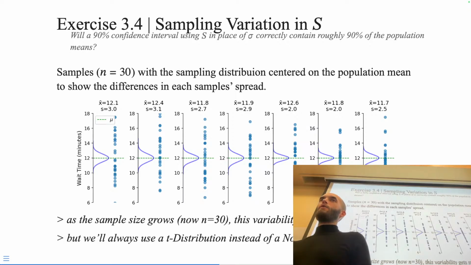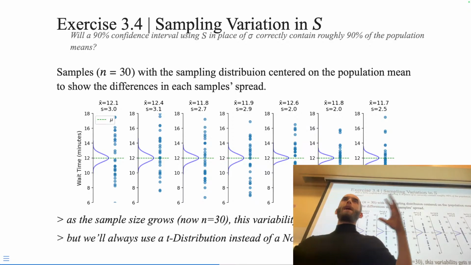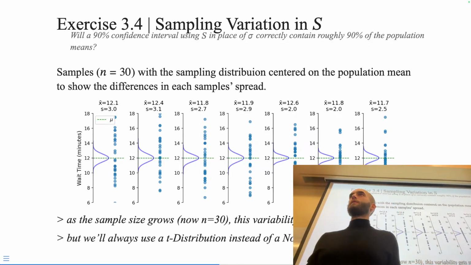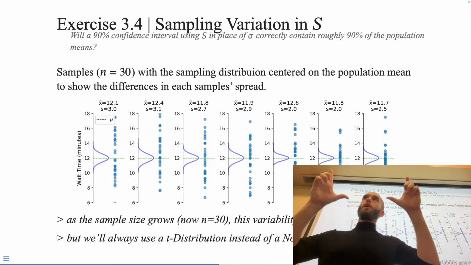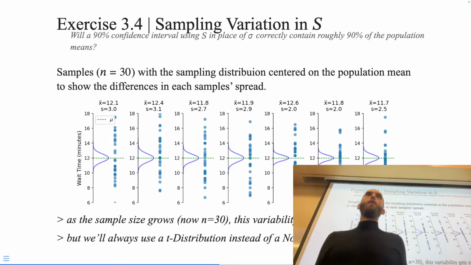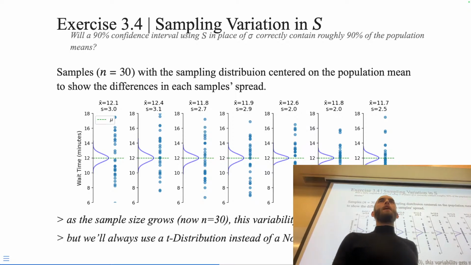Instead, we use the t-distribution, which accounts for that extra variability in the sample standard deviation, which throws off the correctness of our confidence intervals. When we use the t-distribution, we get a correct confidence interval around our x bar, which then allows us to make claims about where the truth is relative to our sample mean.